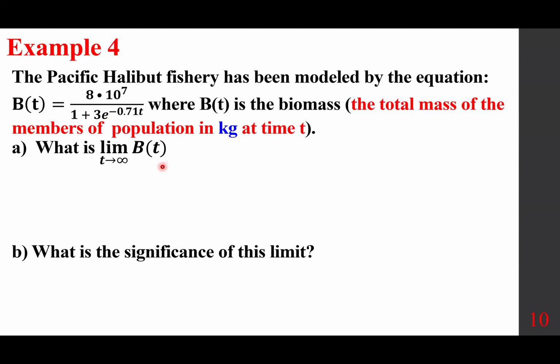Just take a limit. The limit of B of t as t approaches infinity is the limit of 8 times 10 to the power of 7 over 1 plus 3 e to the power of minus 0.71t as t approaches infinity.